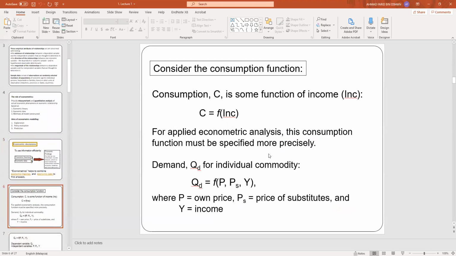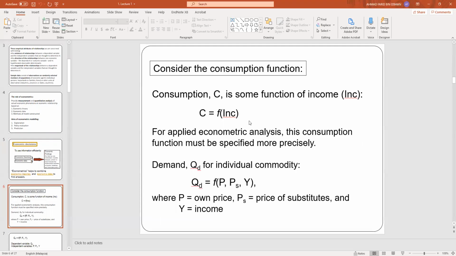So consider this example. Let's say we would like to construct a model for consumption, given by C. So C is some function of income. For applied econometric analysis, this consumption function must be specified more precisely. So let's say we use demand as a proxy for consumption.